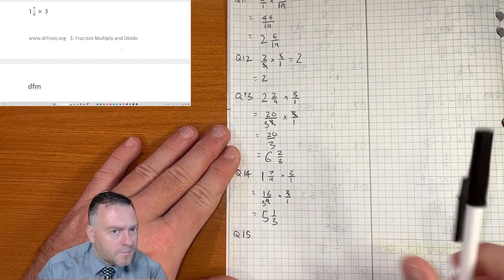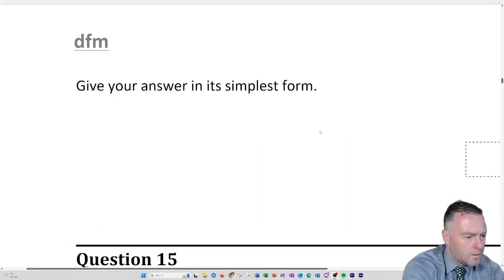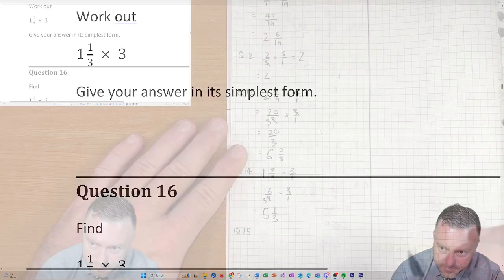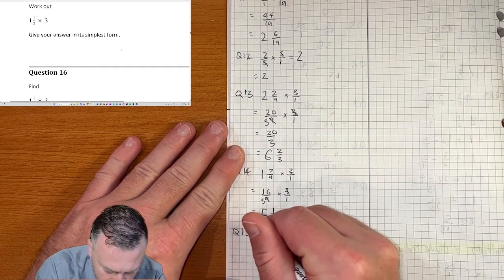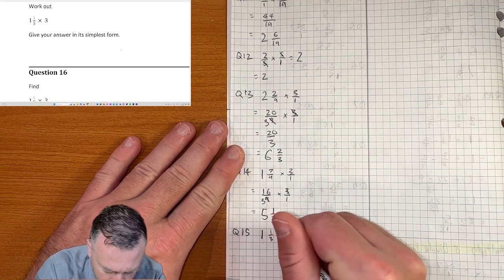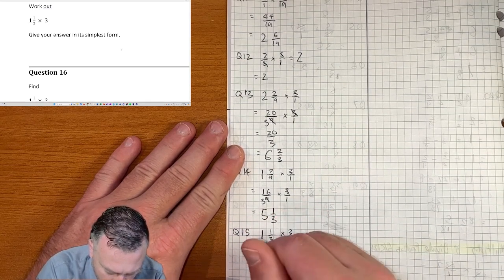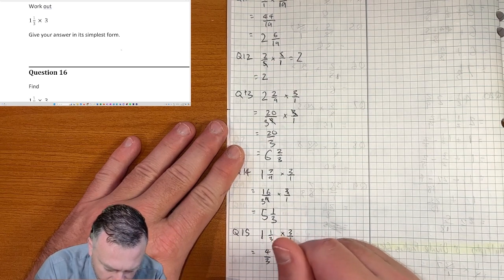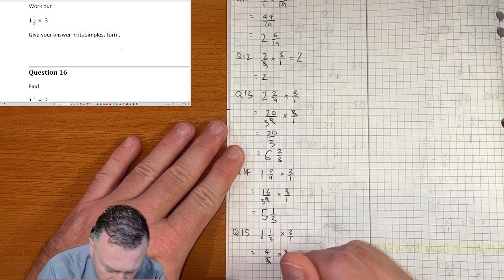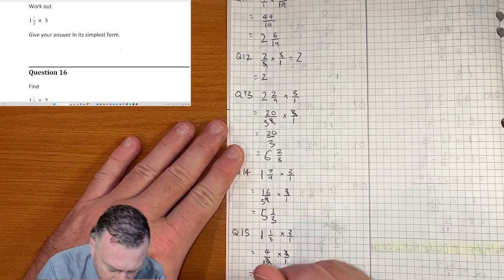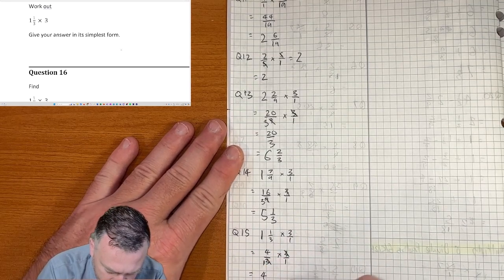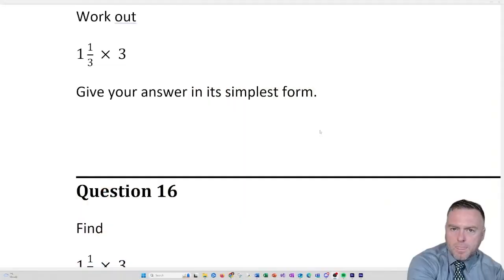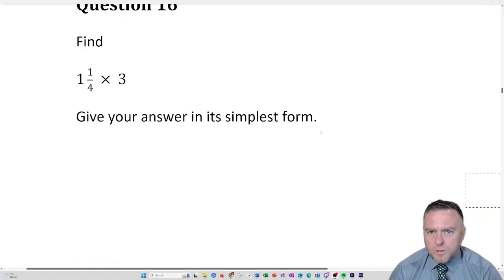Question 15. 1 1/3 times 3. It's going to give you 4 on 3 times 3 on 1. So it gives you 1, then equals 4. Question 16. 1 1/4 times 3.